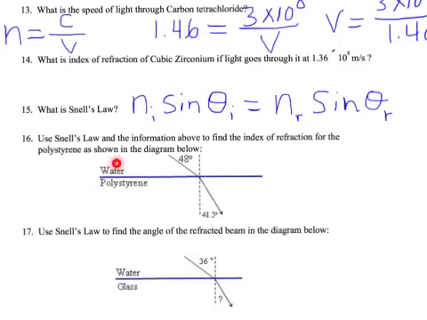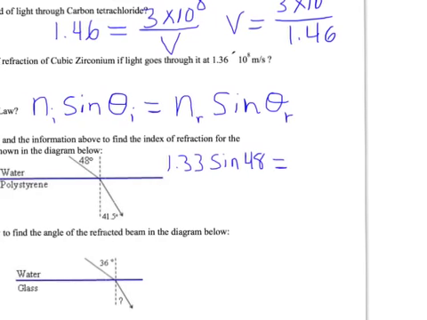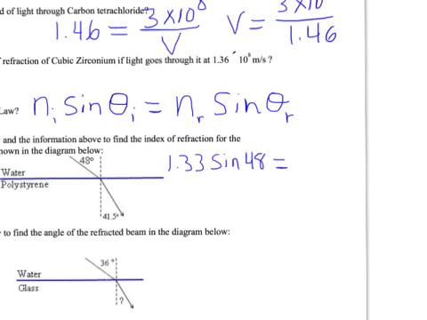So I know that water has an index of refraction of 1.33 times the sine of the angle of incidence, which is 48, equals, let's just move this over a little bit, the index of refraction of the polystyrene times the sine of 41.5.